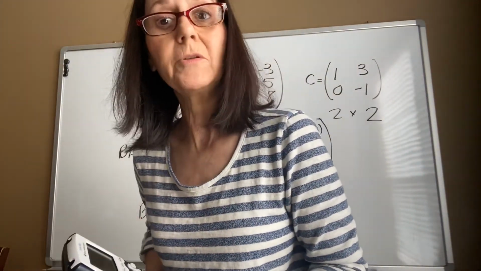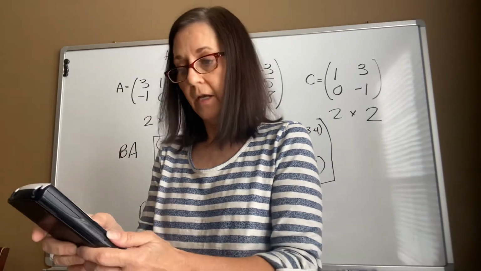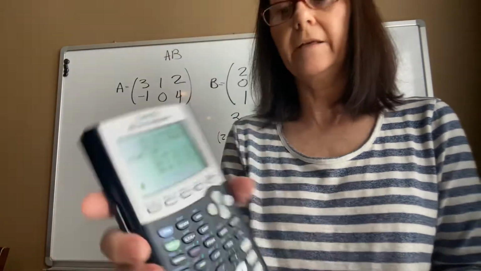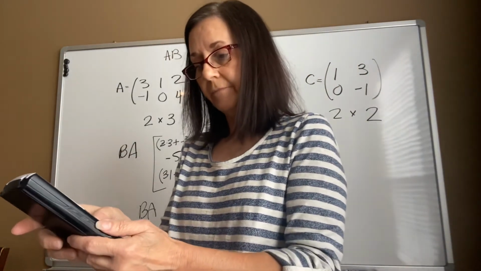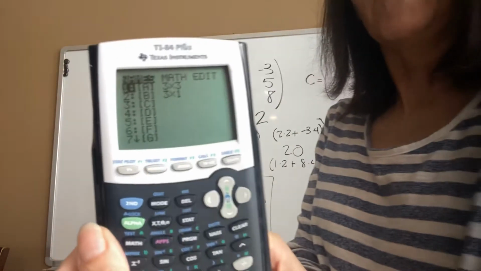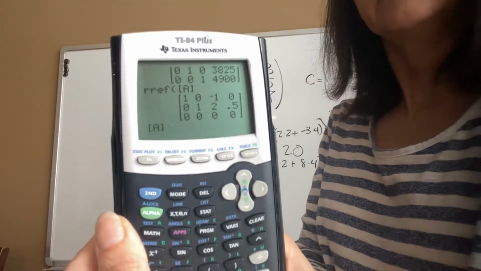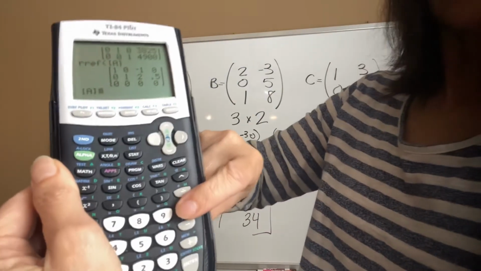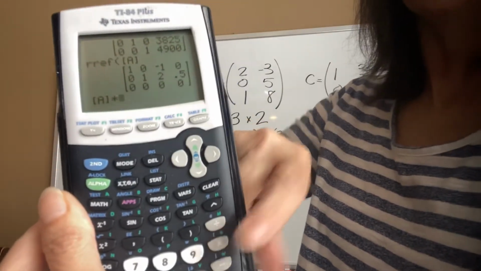Now I'm just going to multiply them on my calculator. So from your calculating screen, you go back to matrix, and you just hit enter on matrix A. And you'll get matrix A. Then you hit the multiplication button.